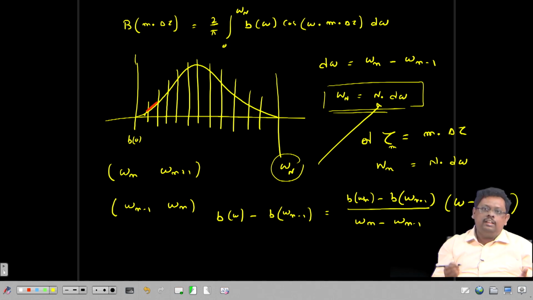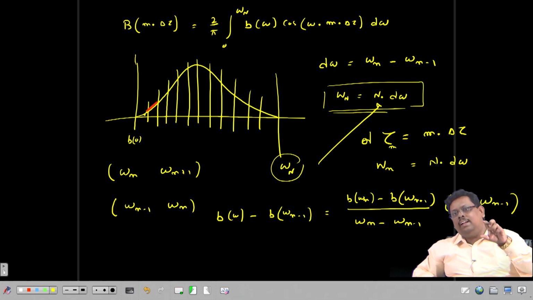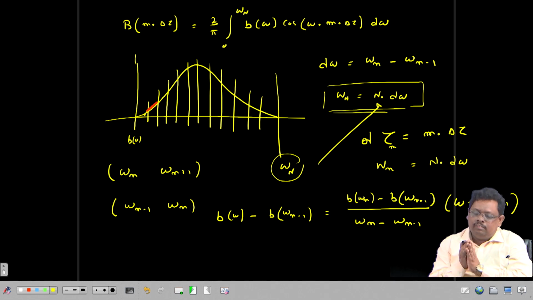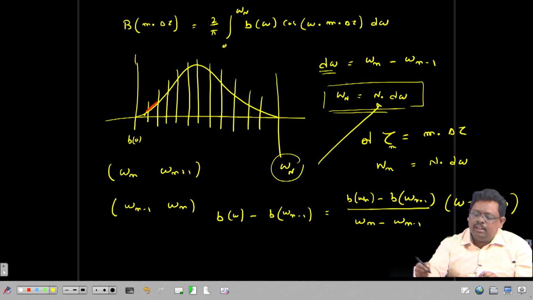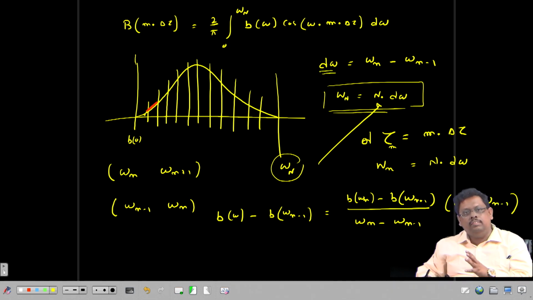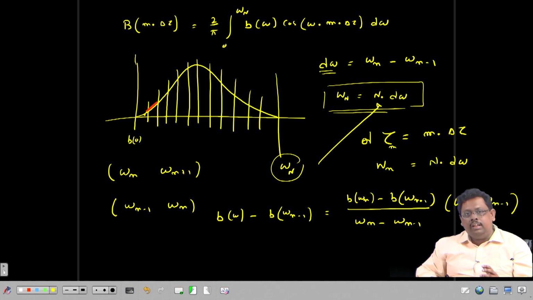That is how we can define my straight line, right. So, now actually I am ready to attack this equation. What we do here, first I split it and I define this value of d omega, which is omega n minus omega n minus 1, and we define my omega n as a multiple of n multiplied by the d omega.